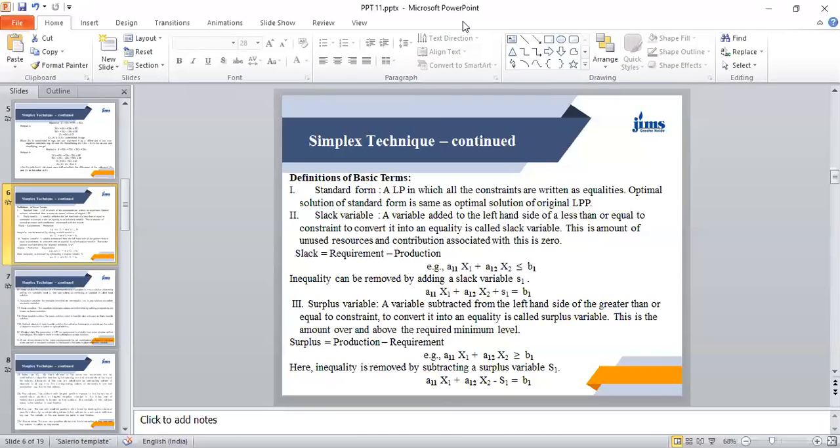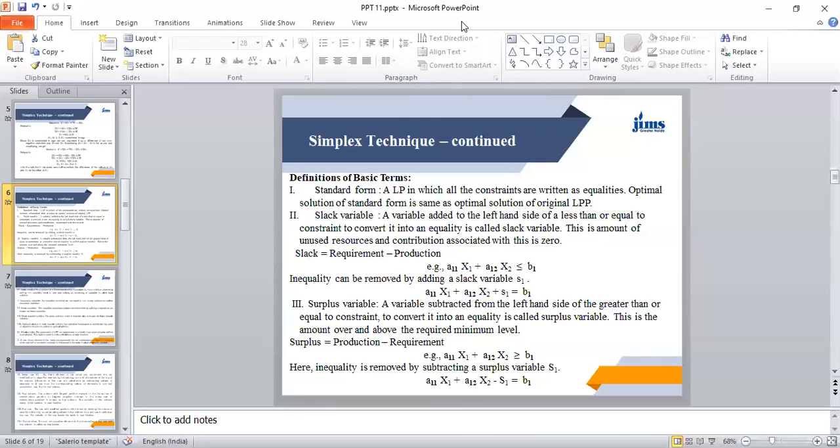It can be interpreted as the amount over and above the required minimum level. While slack variable was requirement minus production, surplus variable is production minus requirement. So these are the interpretations of slack and surplus variable.